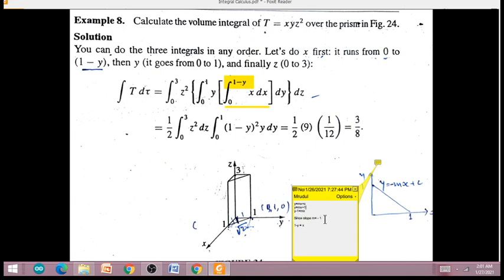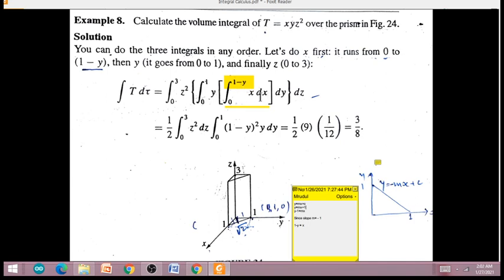Since the slope is minus 1, that minus I consume here and it becomes x is equal to 1 minus y. So instead of writing 0 to x, rather 1 should be written, but I want to put x in terms of y, so x is equal to 1 minus y, x dx.